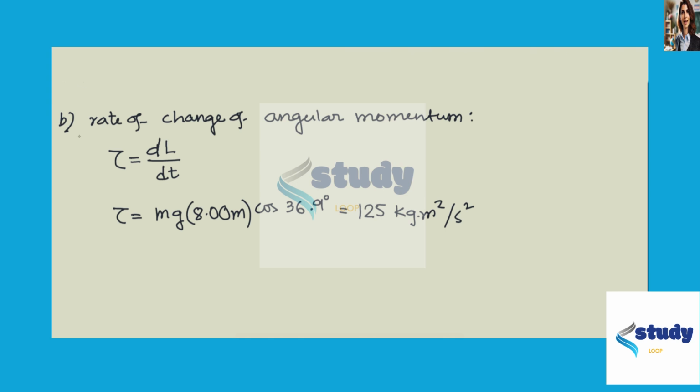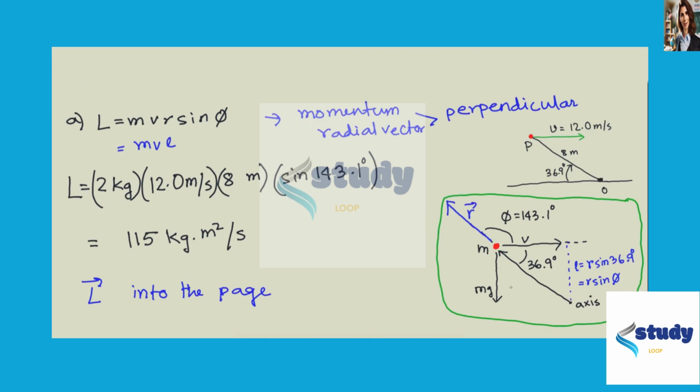And in part B, we have to find the rate of change of angular momentum, and it's nothing but the torque, because torque is, in other words, the rate of change of angular momentum. To figure out torque, we can again go back to this picture where we have to take the component of the radial vector which is perpendicular to mg, the gravitational force that we have here.